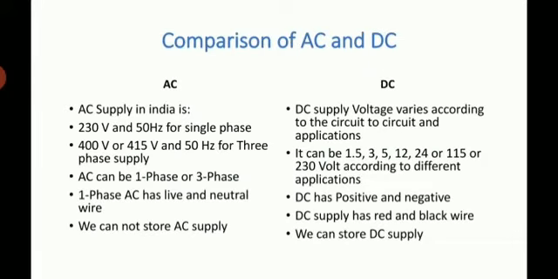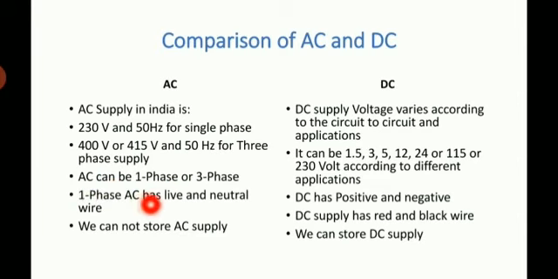So moving towards more information and more details of AC and DC, in India we have 230 volt and 50 Hertz frequency for single phase residential users and 400 volt or 450 volt with 50 Hertz for 3 phase residential consumers.